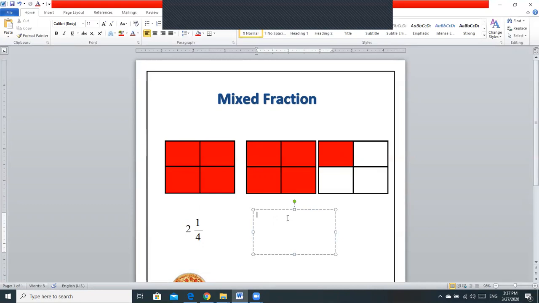So here we said again, a mixed fraction means it's a mix between whole numbers and fractions. Because when I eat part of the whole, it's a fraction. But when I eat it all, it's a whole number.